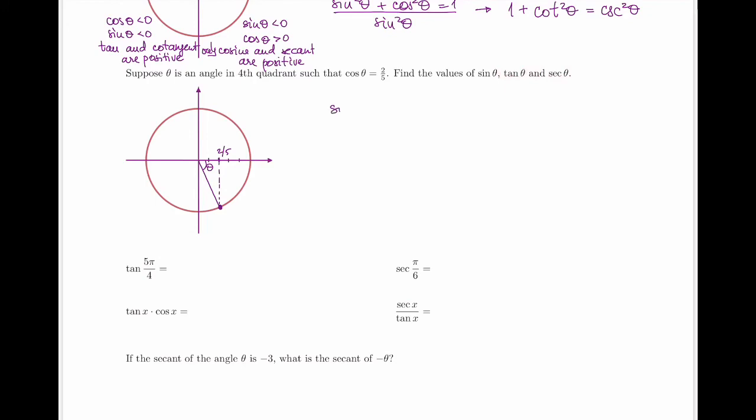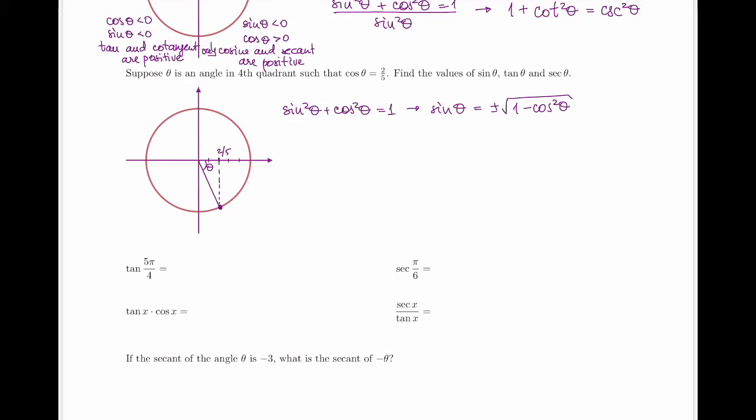So what I know is I'm trying to find sine, tan, and secant of this angle. What I do know is that sine squared theta plus cosine squared theta is equal to 1 for all the angles, which means I can solve this for sine, knowing the actual value for cosine. So from here, sine theta is plus or minus square root of 1 minus cosine squared theta. Okay, so always remember that when you are taking square roots, you have to get the positive and the negative.